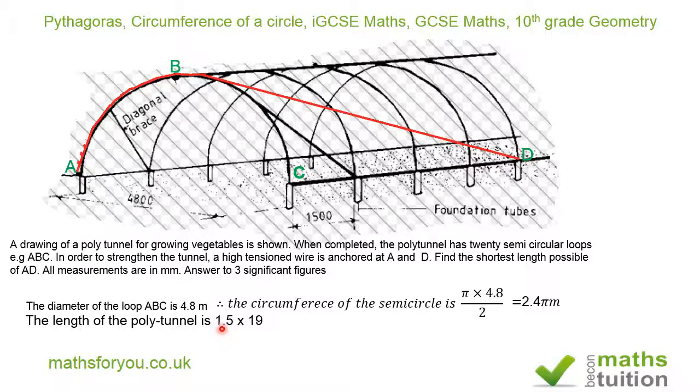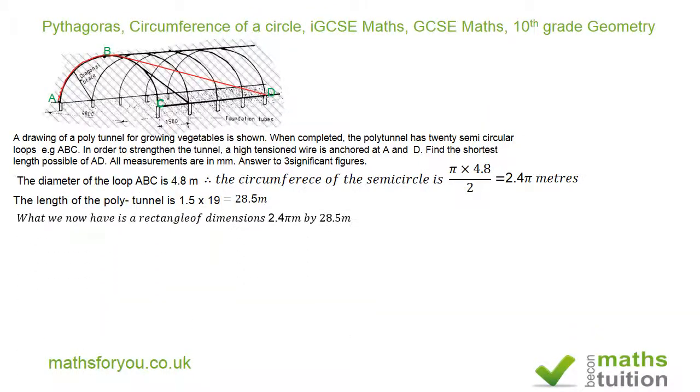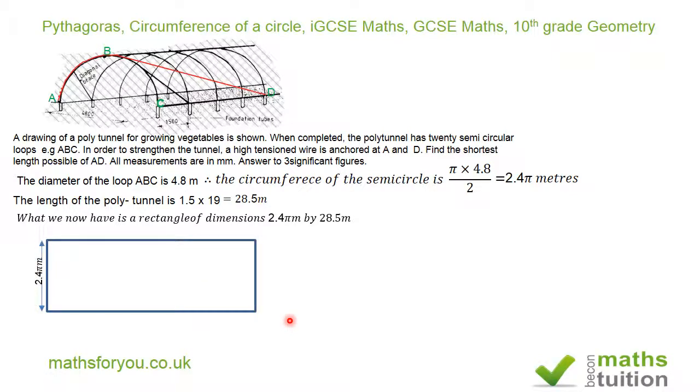So the length of the polytunnel is going to be 1.5 times 19, which gives us a figure of 28.5 meters. This is a rectangle, so essentially these are its dimensions, 28.5 meters and 8.5 meters.